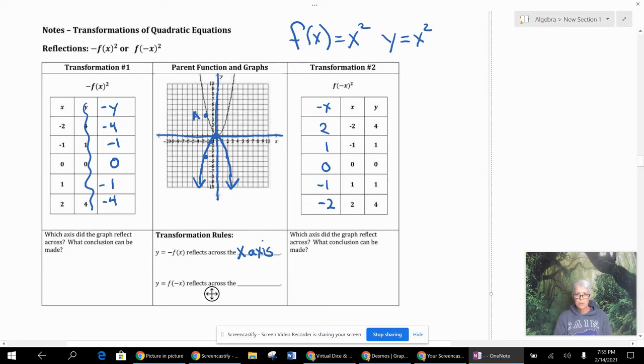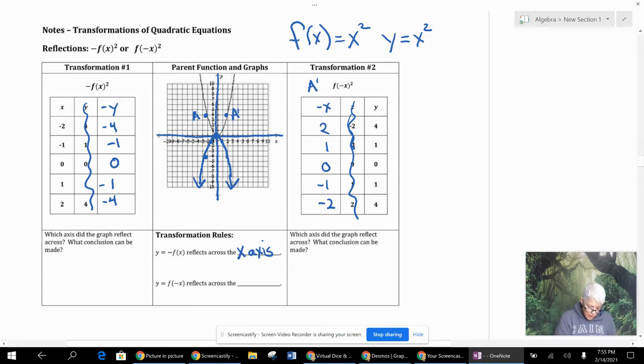Now let's see what happened to my first point. Now I have a +2, +4. So now my first point is over here, and let's just call it A prime. If you notice now, it's going to flip.